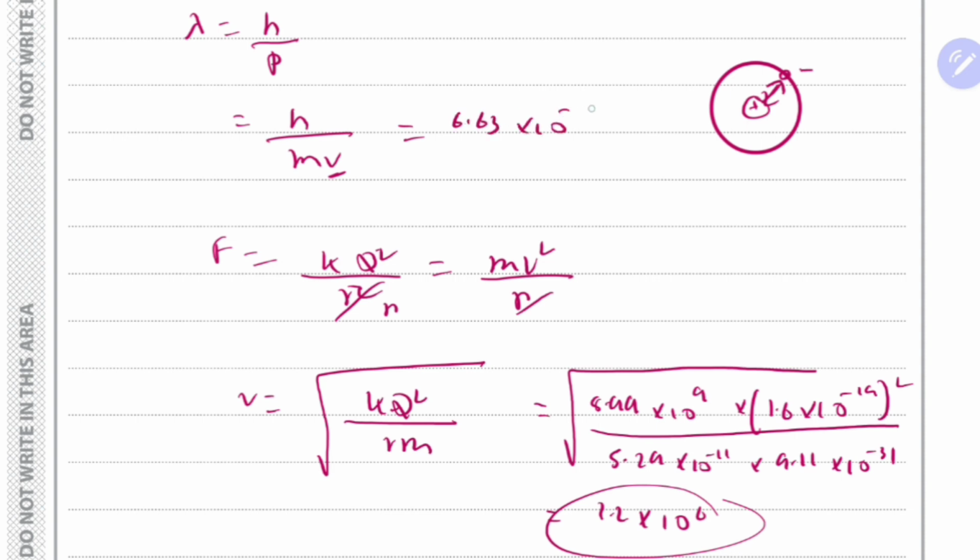6.63 into 10 to the power minus 34 divided by 9.11 into 10 to the power minus 31, into 2.2 into 10 to the power 6. What do we get? 3.33 into 10 to the power minus 10.